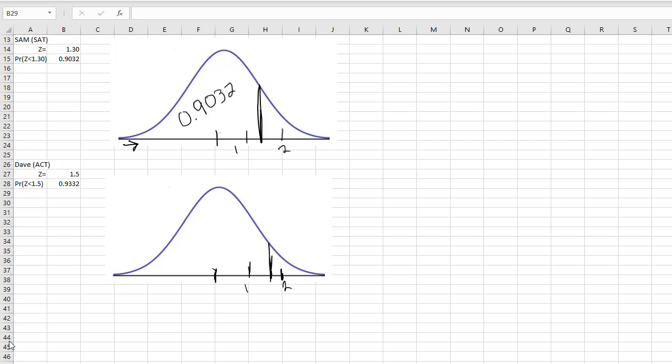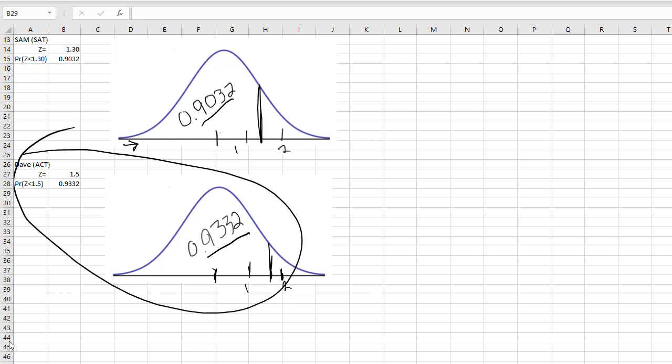We have 2, we have 1. And this whole area is going to be 0.9332. Okay, so that means that Sam is in the 90th percentile, but Dave is in the 93rd percentile. So who did better? Overall, it's going to be Dave.